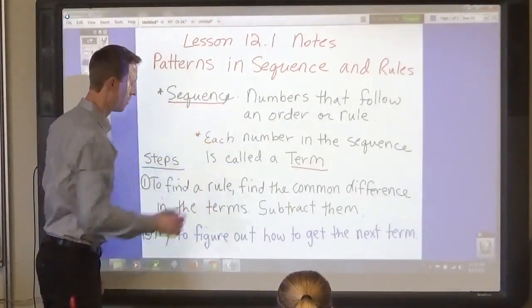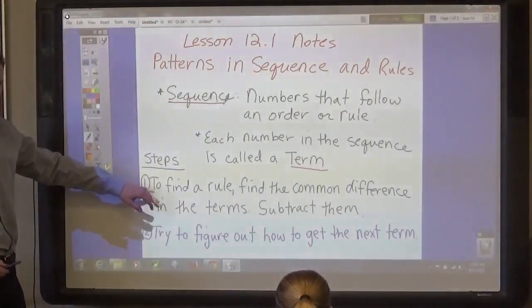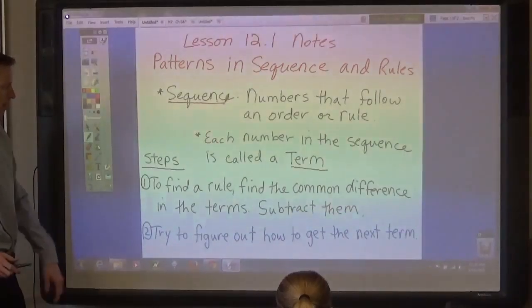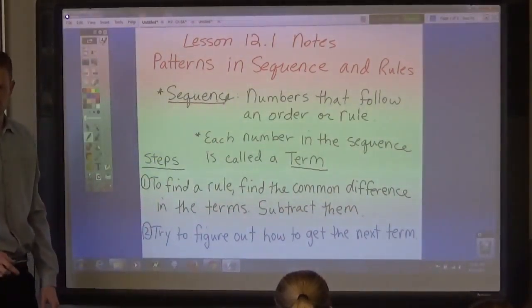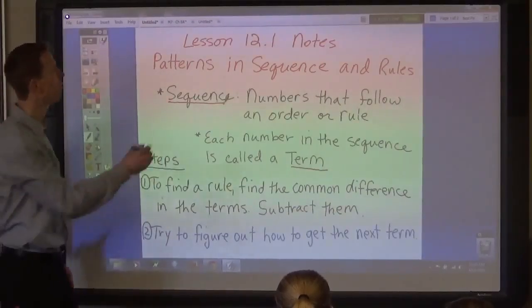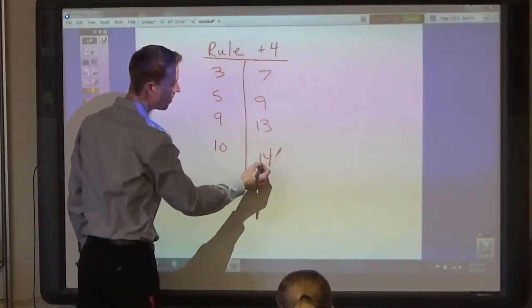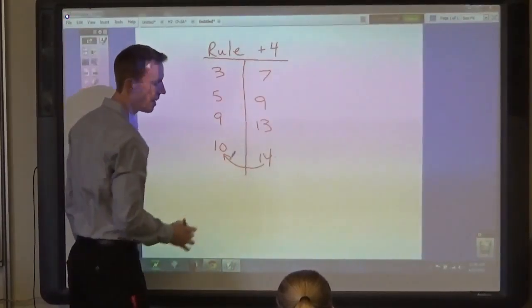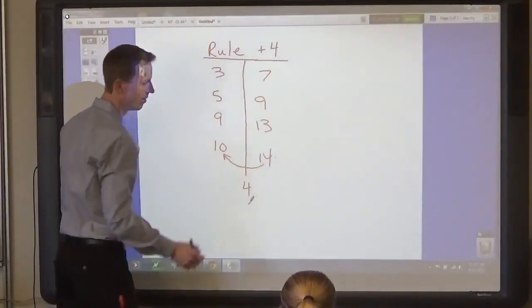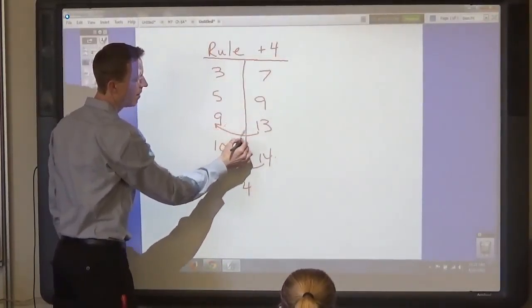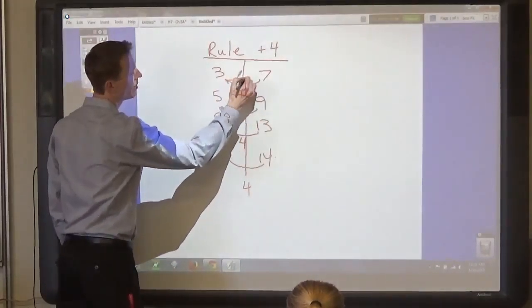Alright? Then, to find the rule, which is what we're going to be doing a little bit more today, you have to find the common difference. If we went back to our example, and you subtracted 14 minus 10, you would get what? 4. 13 minus 9, 4. 9 minus 5, 4. 7 minus 3, 4.